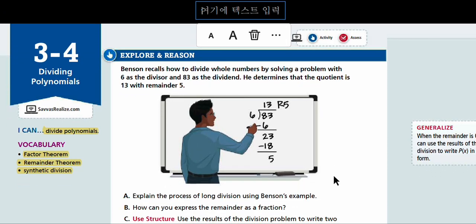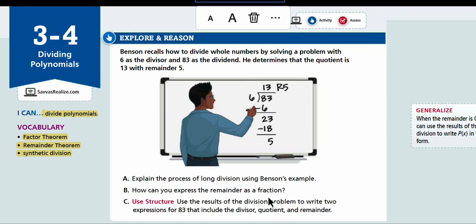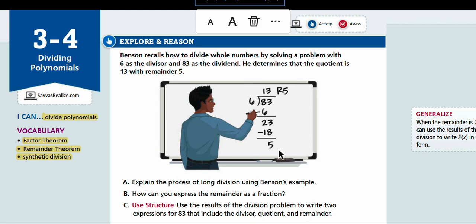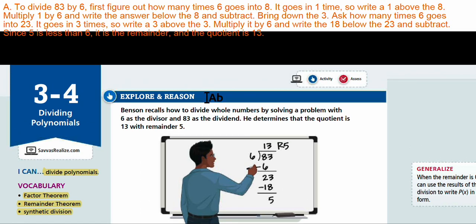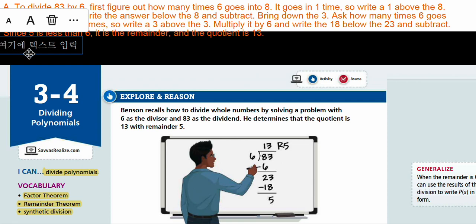Now, how can you express the remainder as a fraction? So you have 5, which means you divided 83 by 6, and 6 goes into 83 13 times, but you have a remainder of 5, and 6 cannot go in there. And so you can say that 5 out of 6 is remaining. So I'm going to type it right below.